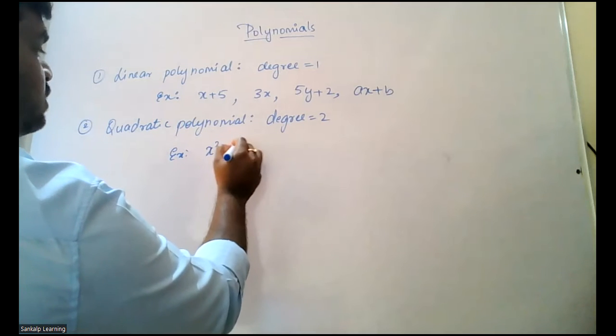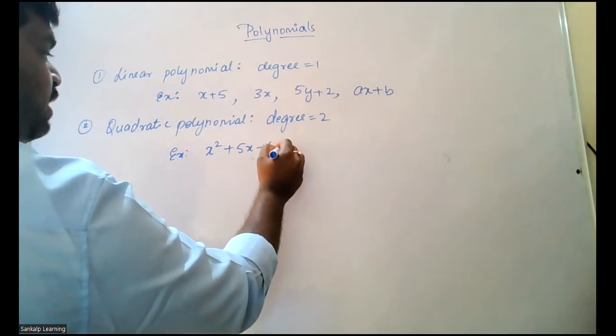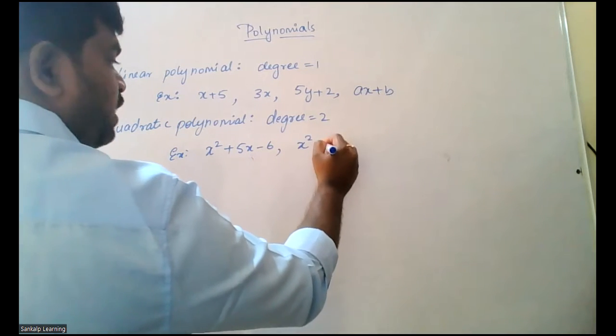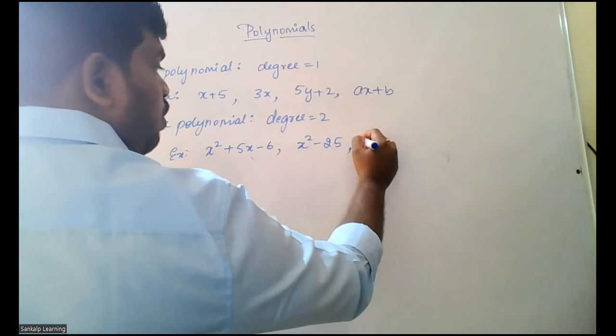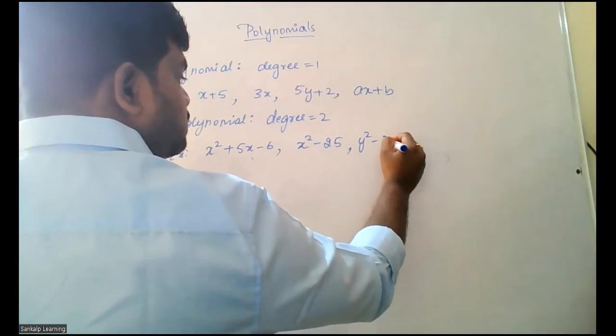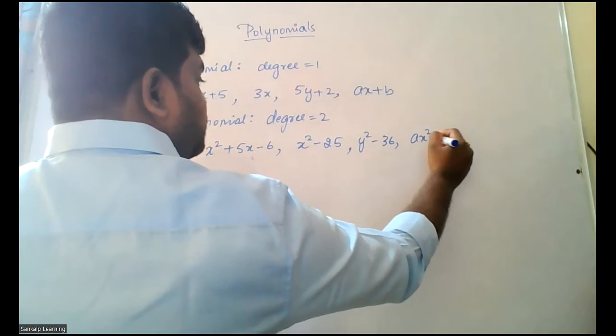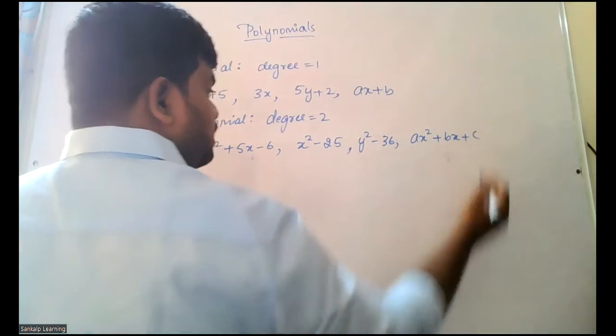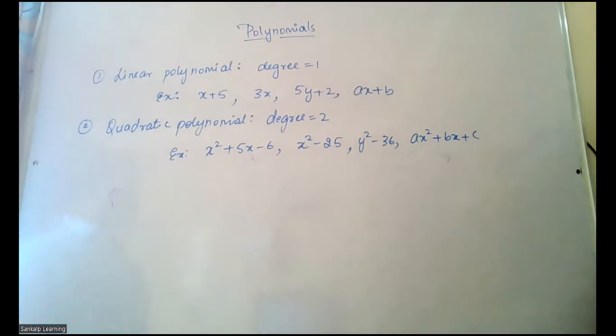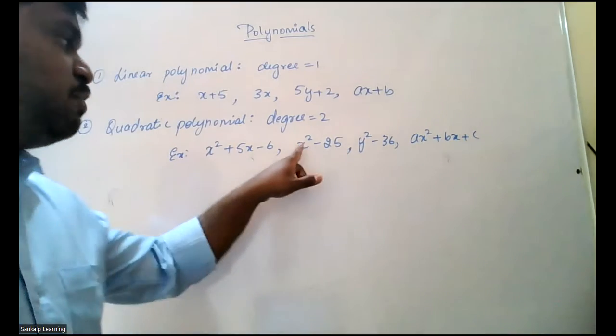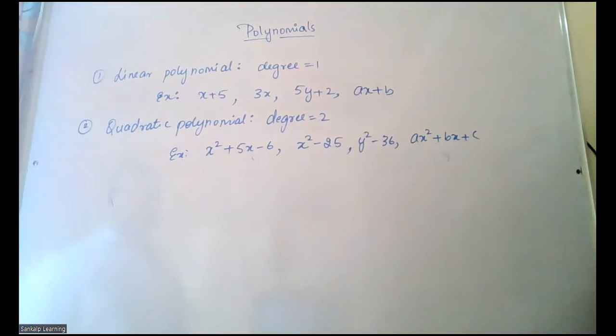Okay. So let's take examples for that. x square plus 5x minus 6, or x square minus 25, or y square minus 36. The general form is ax square plus bx plus c. Okay, that's the general form. So here, if you observe, the highest power is 2. Okay.